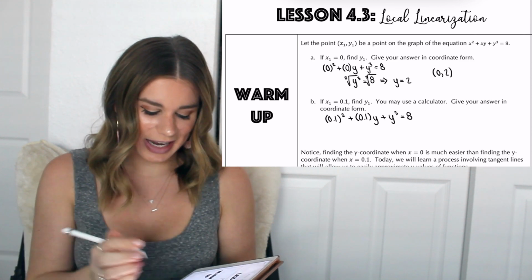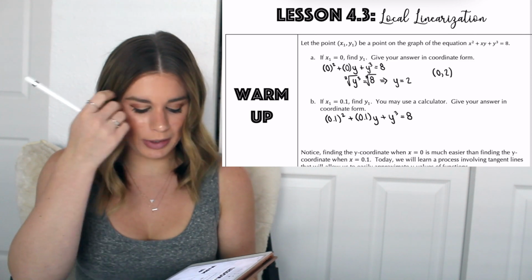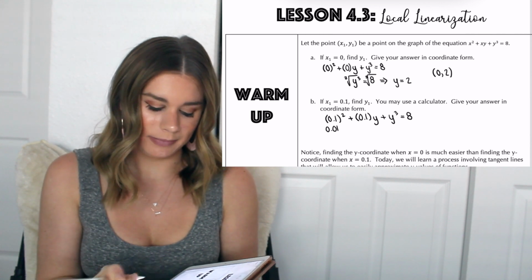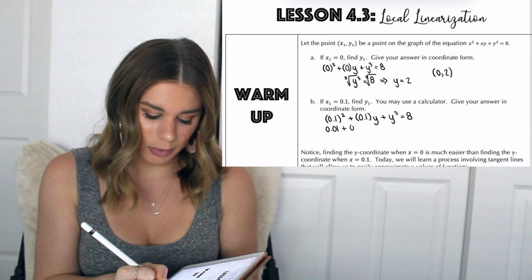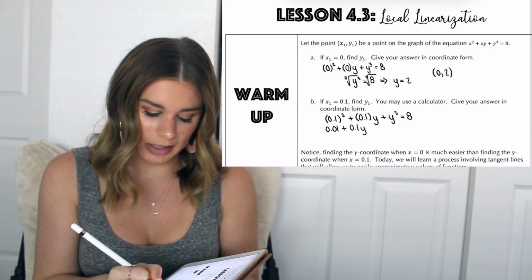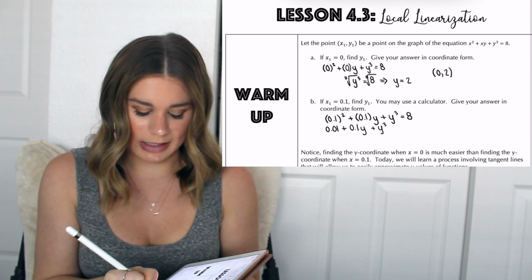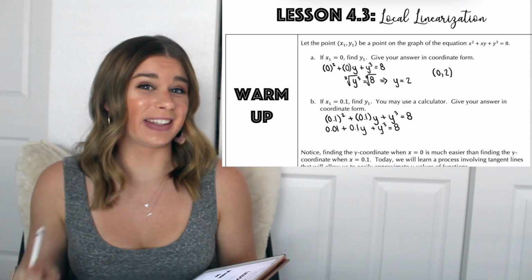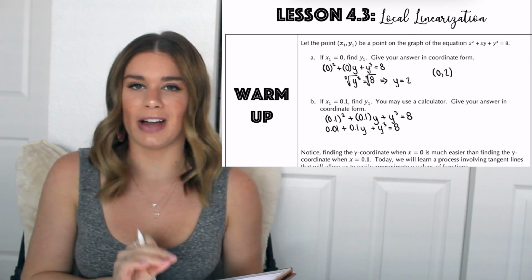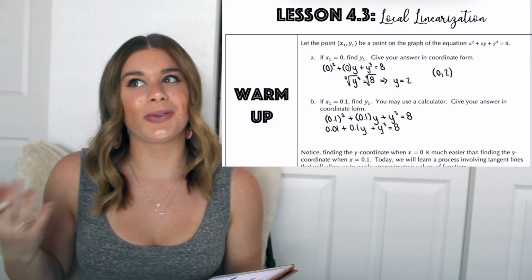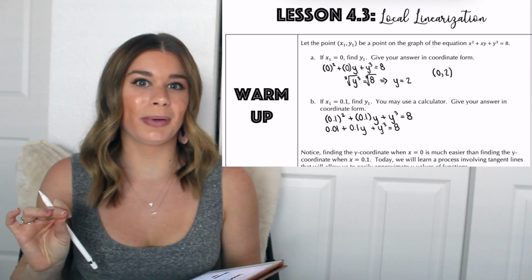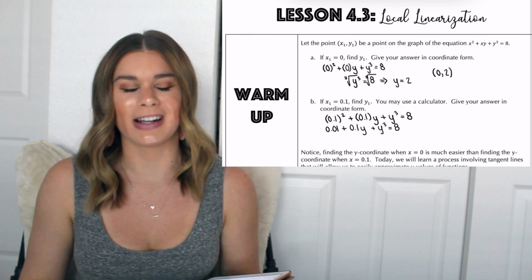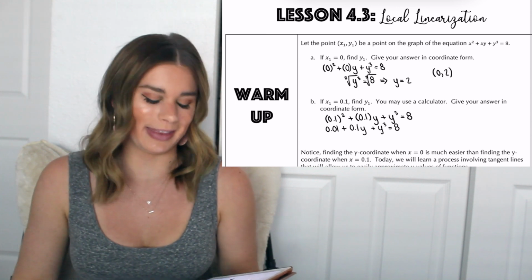Okay, so now I have 0.1 squared, which will be 0.01, plus 0.1y plus y cubed is equal to 8. Now, I'm already noticing that it's going to be a little bit more difficult to find y. However, we do get to use our calculator, and I will put a little insert in once I do one more step to show you how to do this on your calculator. There are several ways. I'll show you one method.